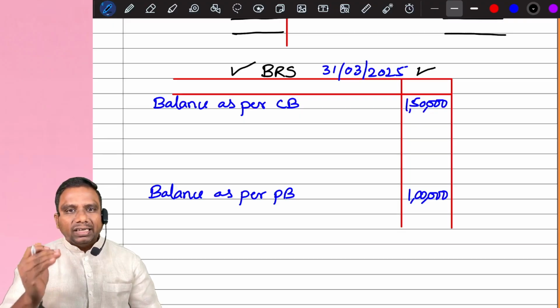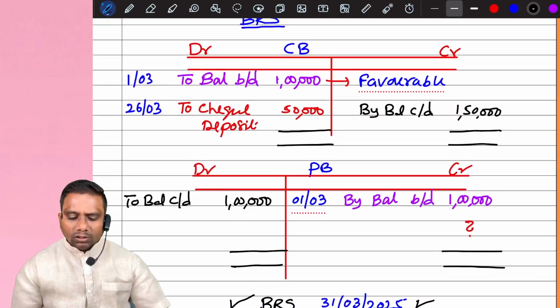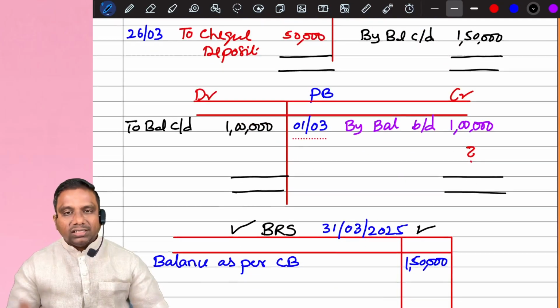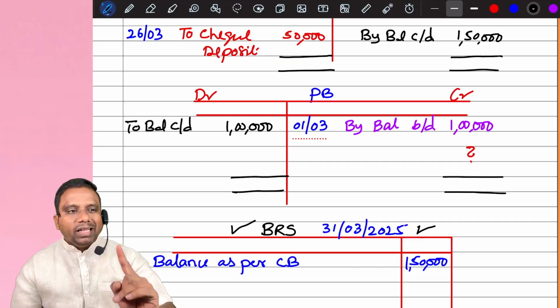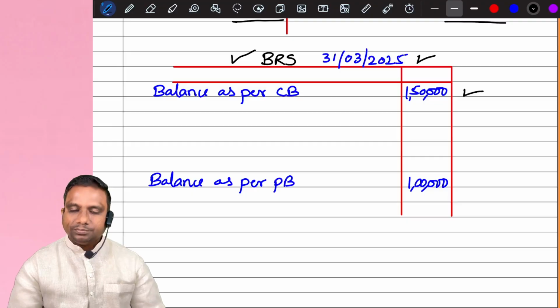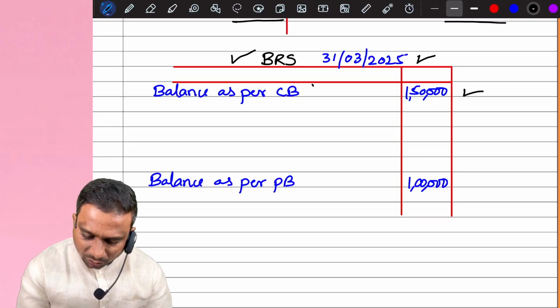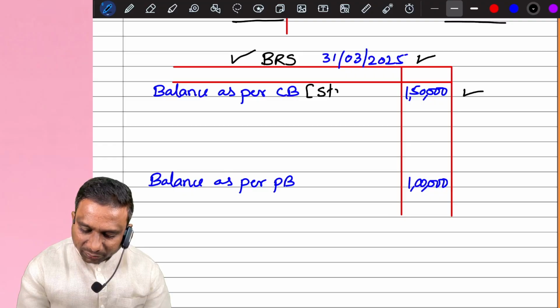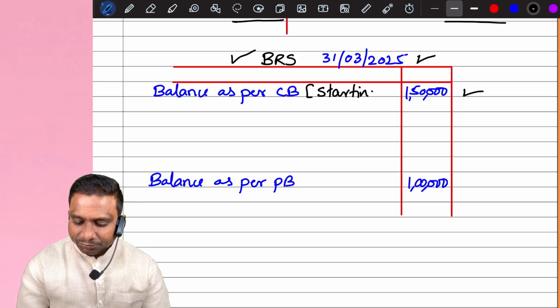You take one book balance. Here I am starting with 1.5 lakh. This is called the starting point.